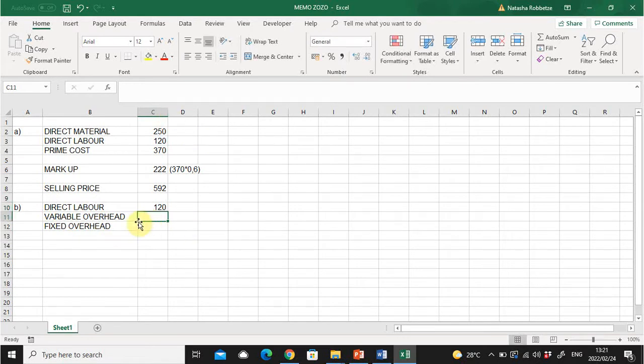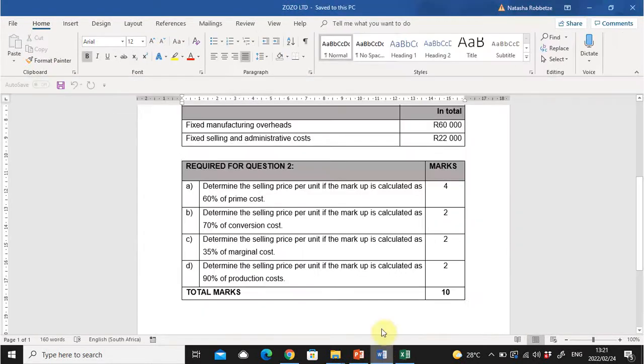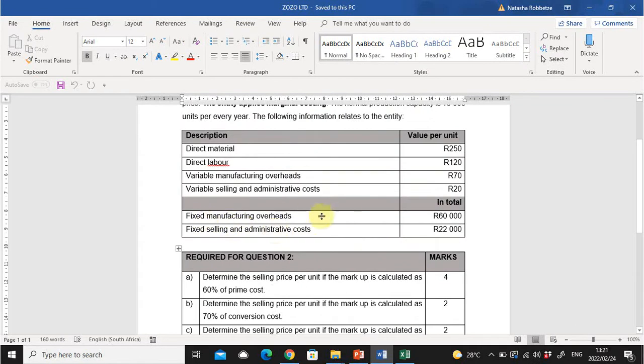The variable manufacturing overhead was given as 70 Rand. Then for the fixed overhead, we run into a bit of a challenge here because you will find that the fixed manufacturing overheads were not given per unit, right? They were just given per total. So what we need to do is calculate it per unit because we cannot take per unit values and then add totals to it.